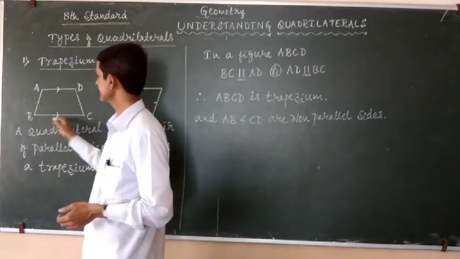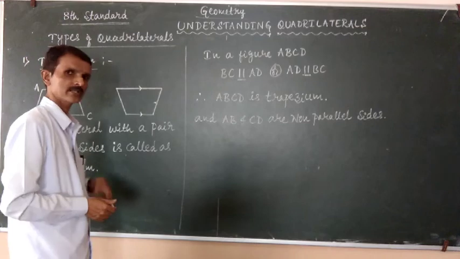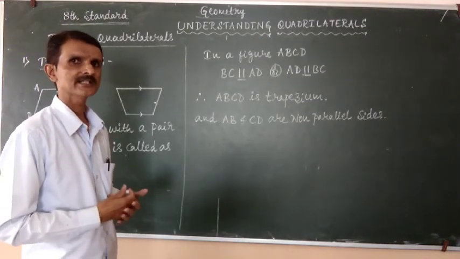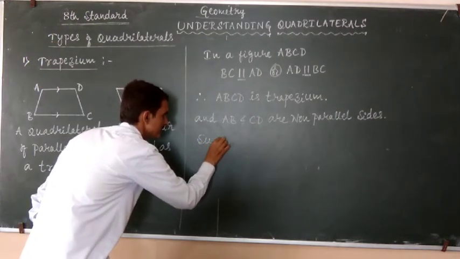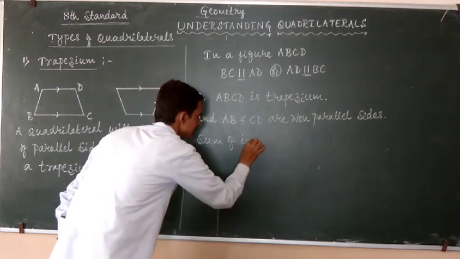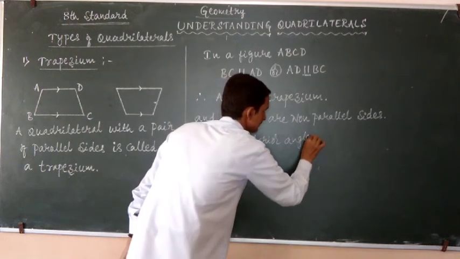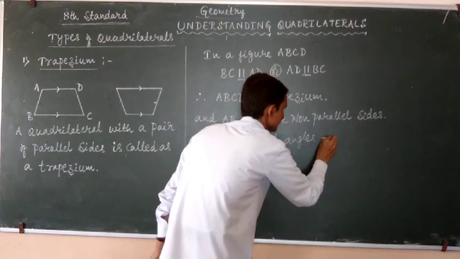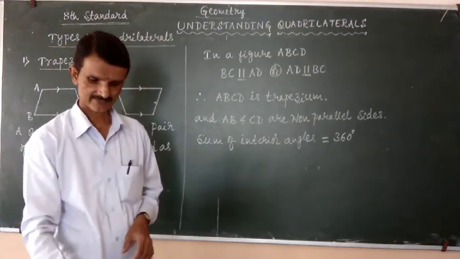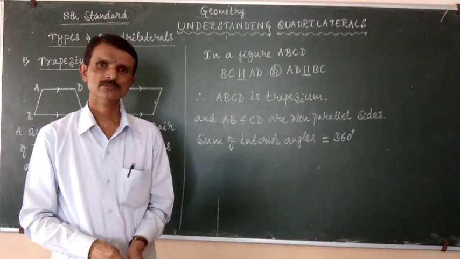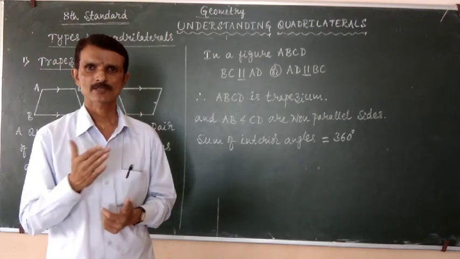Therefore, the sum of the interior angles of a trapezium is equal to 360 degrees, because a trapezium is a type of quadrilateral.